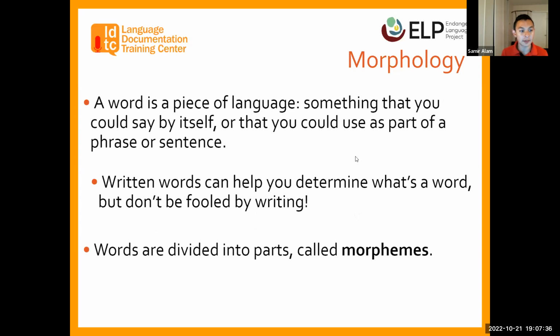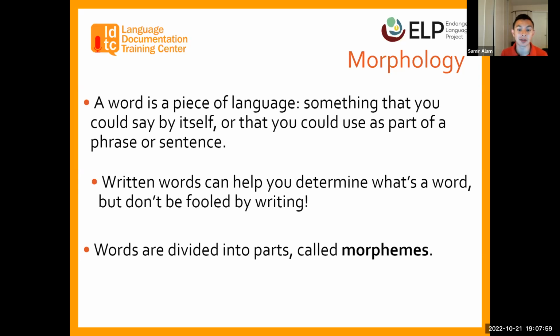As we discussed on the previous slide, a word is a piece of language, but how small the pieces we can make of a language are varies from language to language. Written words can help us determine what is a word, but all languages are written pretty differently.